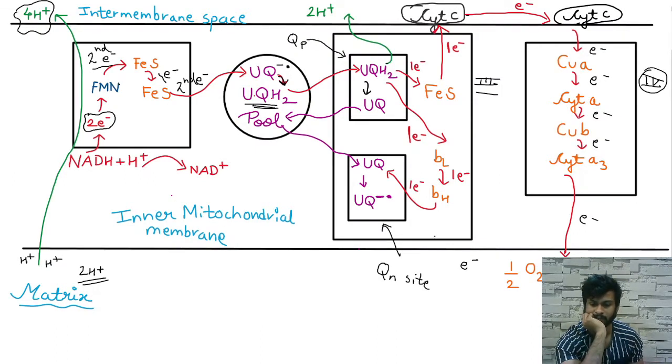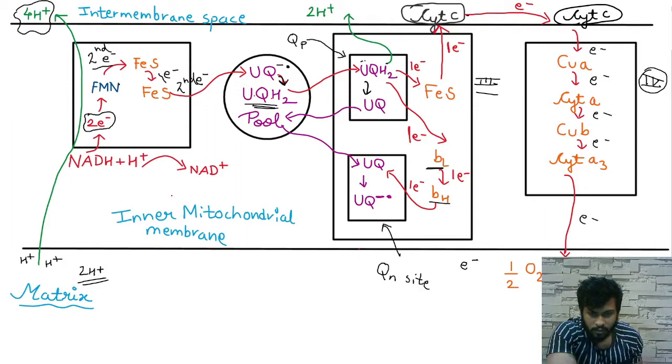Next, the second electron from UQH2 will pass to bL. L stands for low affinity, H stands for high affinity. It will get passed to bL followed by bH. Up till now you have understood it.